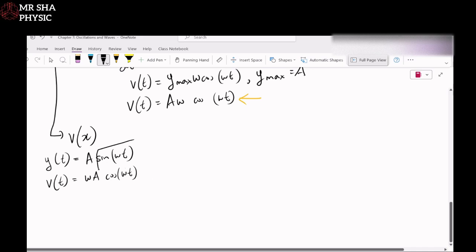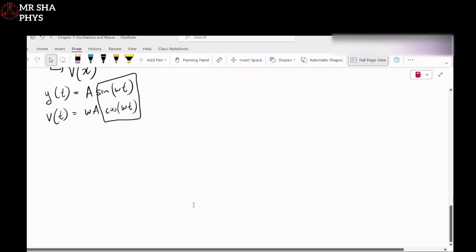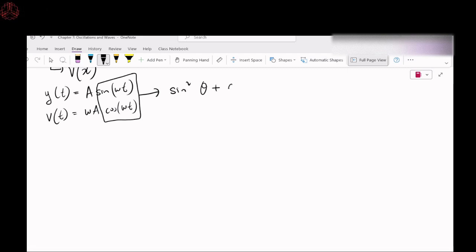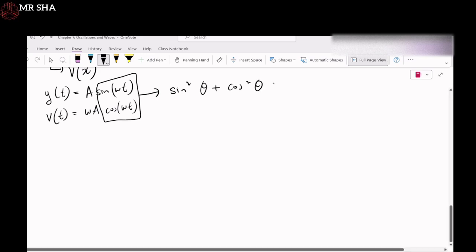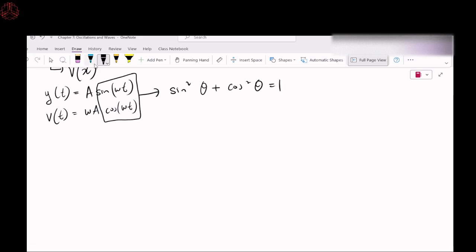Now, these two have a trigonometric function that relates them, and it is sine squared theta plus cos squared theta equals 1. So if I take the squares, (y over A) squared plus (v over omega A) squared equals 1.